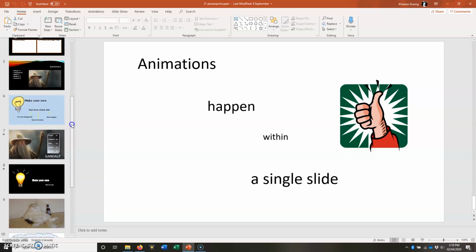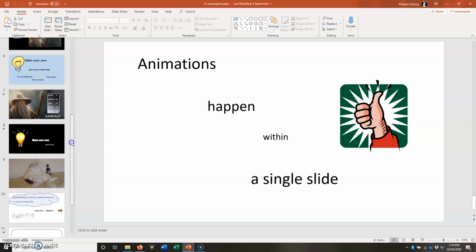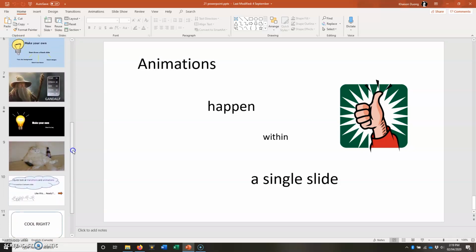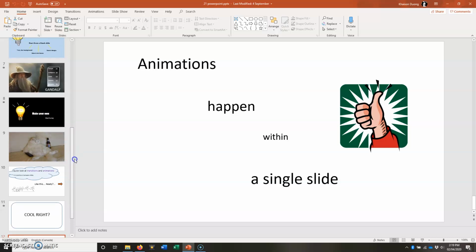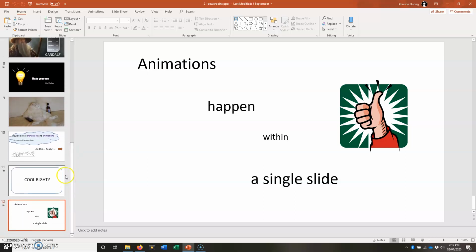Maybe I won't go over too much with insertion because you should be familiar with that from Microsoft Word. And probably pretty good at that as well. A lot of you made very nice magazines inserting and whatnot. And then I'll go over transitions and animations. So stay tuned for a series of videos about each of those individual skills.